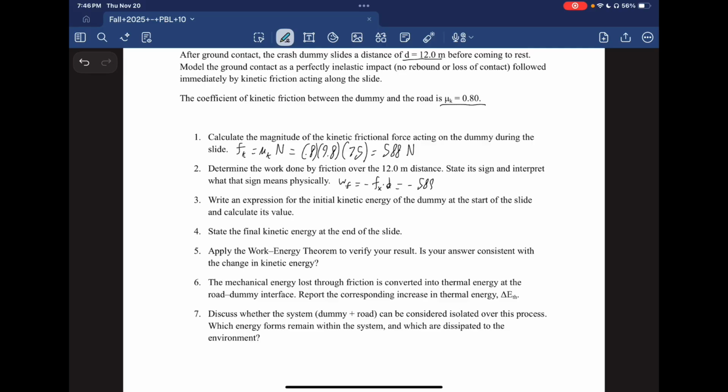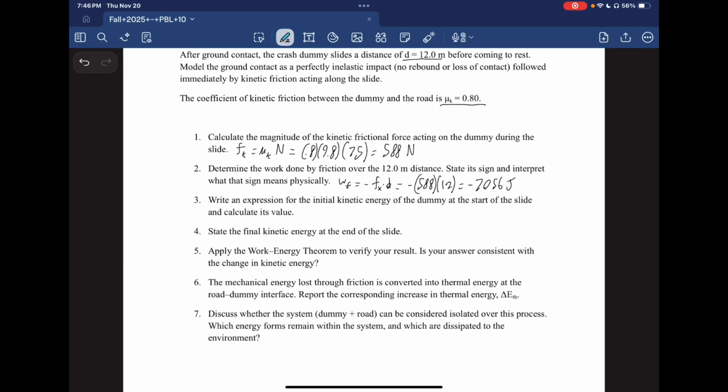So this is equal to negative 588 times the distance, 12 meters, and this equals negative 7,056 joules. And then the sign we've already stated as negative. What that means is that the friction is opposing motion. In other words, it's causing the dummy to slow down.